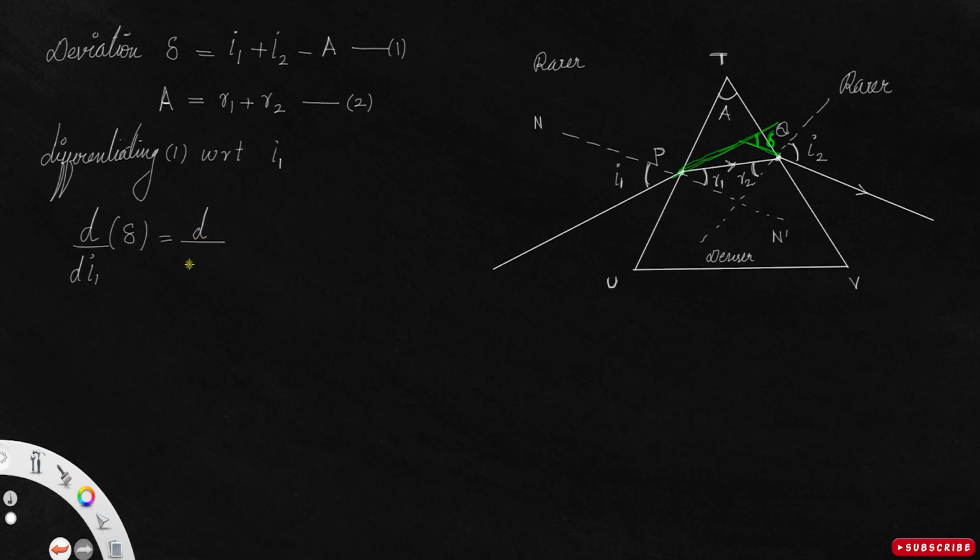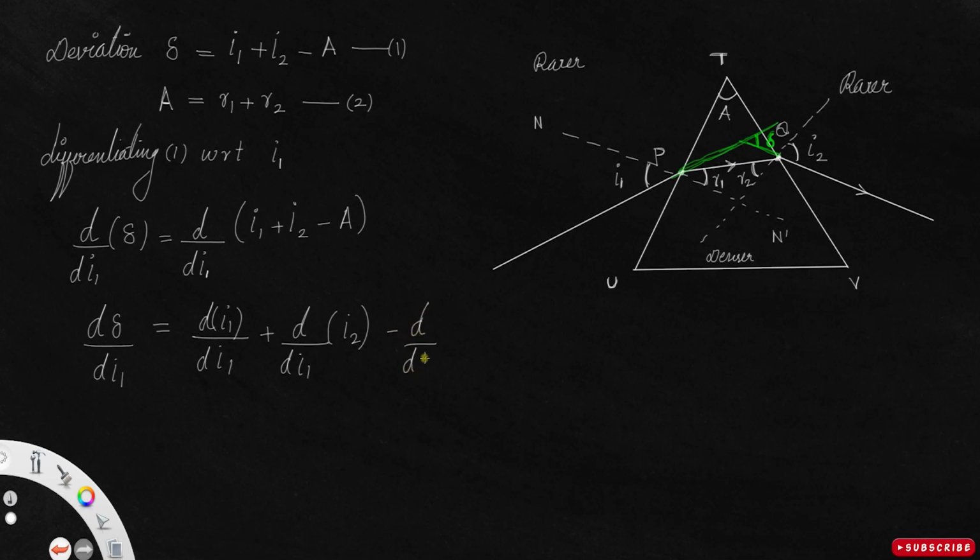That will be d by dI1 of this whole term, I1 plus I2 minus A. This will be equal to, left side you can write d delta by dI1 is equal to dI1 by dI1 plus d by dI1 of I2 minus d by dI1 of A.